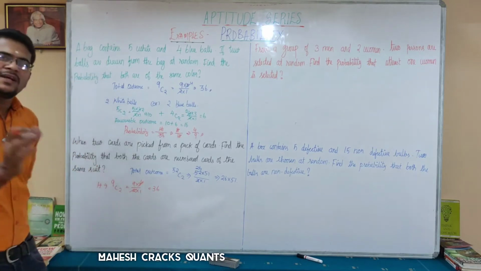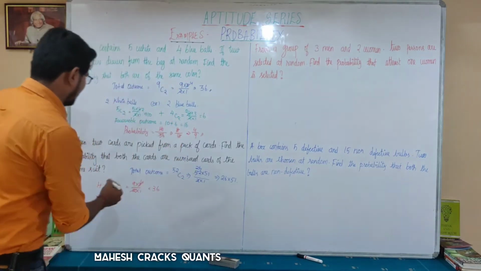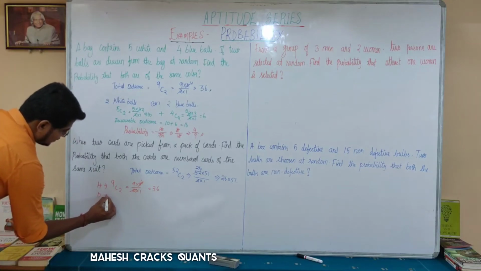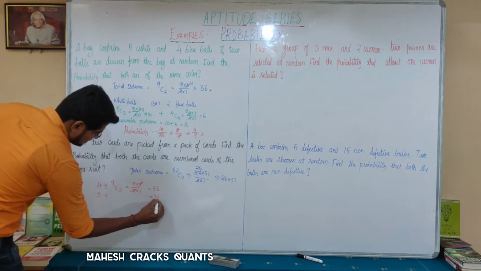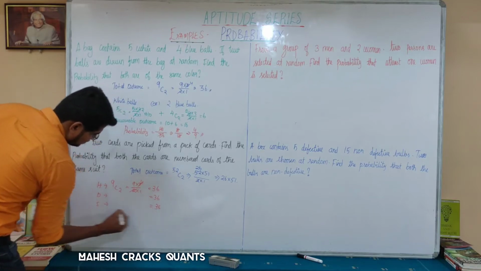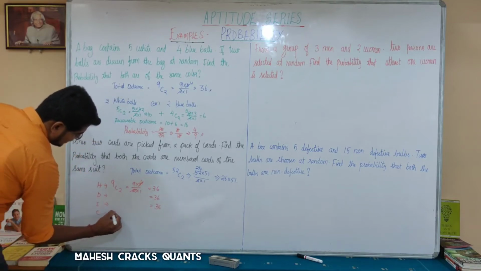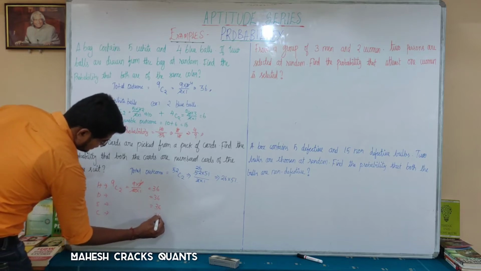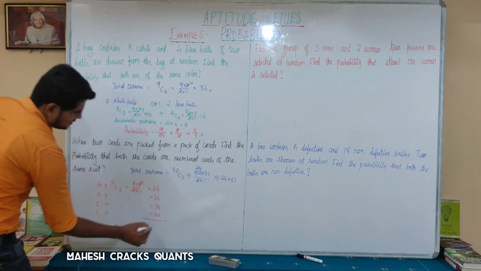The same 9 numbered cards will be there in diamond, right? So in diamond you will get the same 36, in spade the same 36, and in clubs the same 36. So this is the possibility.